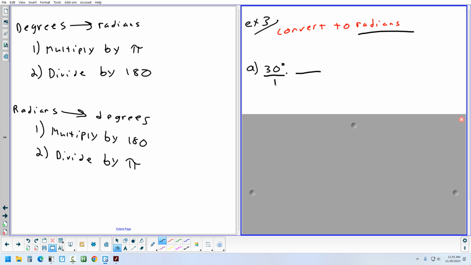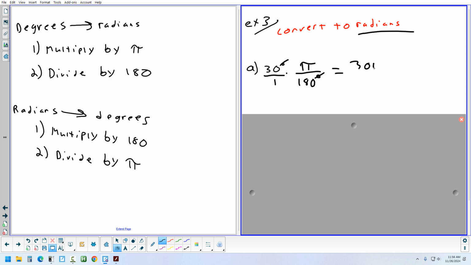Yeah? The denominator. Now, when you think degrees, what's the number I said to always think of? Yeah? 180. So the 180 goes with the degrees. Radians is in the top. What's the number we always think of when we think radians? Yep. Pi. Now, degrees cancels out.